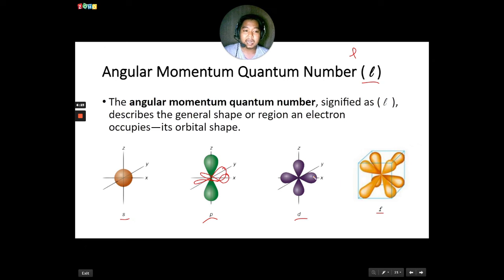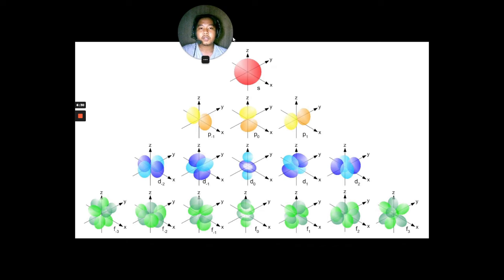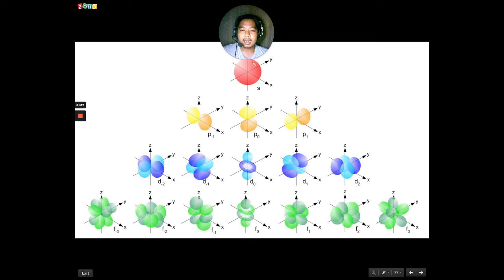It's a bit difficult to draw, so let's use some images that might help us. When we are talking about the s sublevel or the s orbital, it's a sphere, no matter the orientation, whether on the y, z, or x-axis, it will still be a sphere. So s only has one possible shape, while as I've mentioned, the p orbital will have 3 possible shapes.